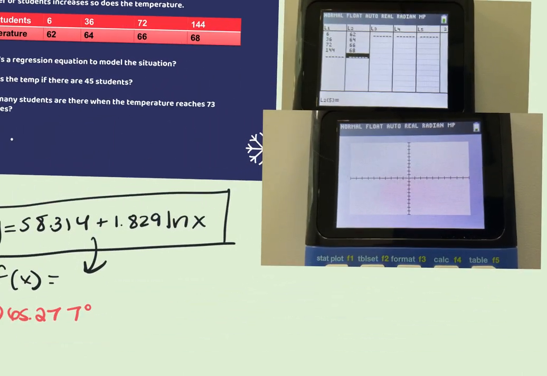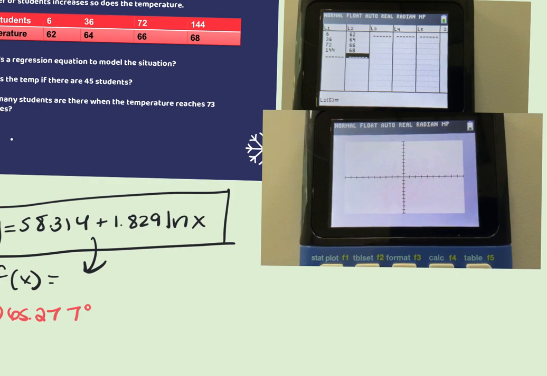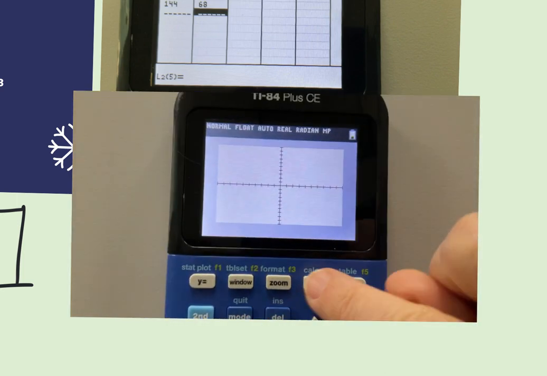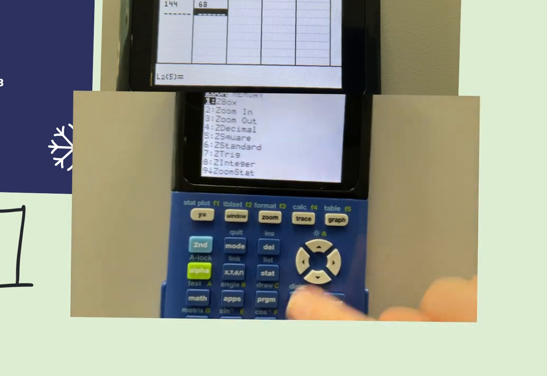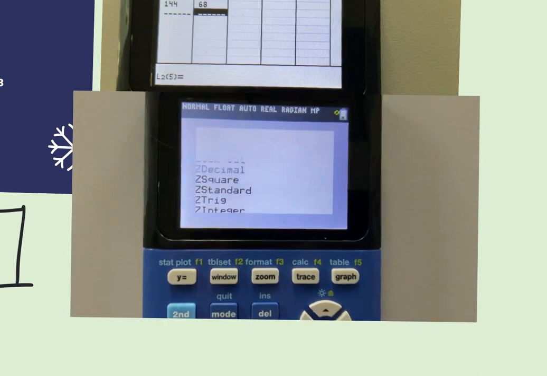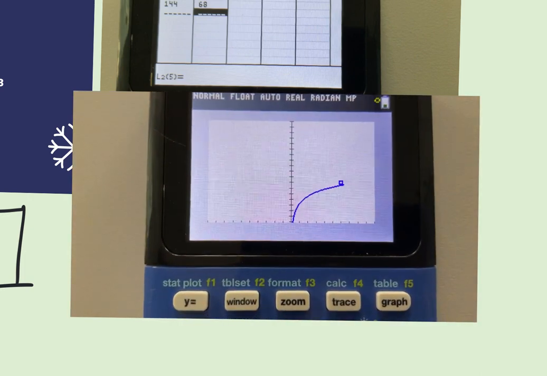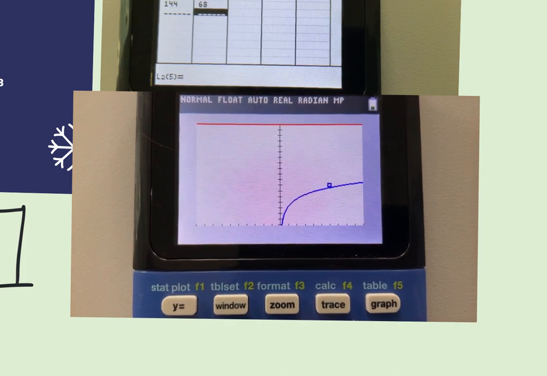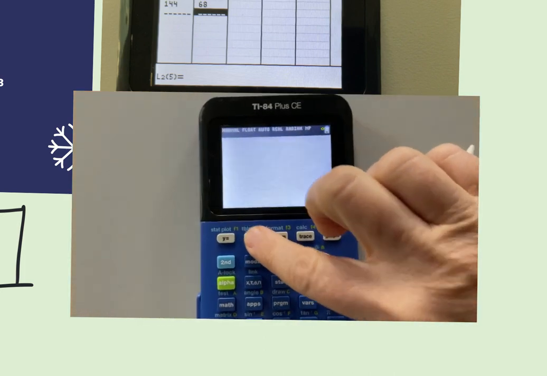My window, right? Look, the vertical shift is 58, which means it's way up. Yesterday we discovered something else. Zoom 0. Sometimes it works and sometimes it doesn't. It's supposed to take you to the intersection. It didn't work. So we have to adjust the window.